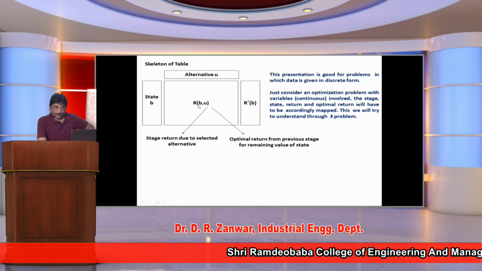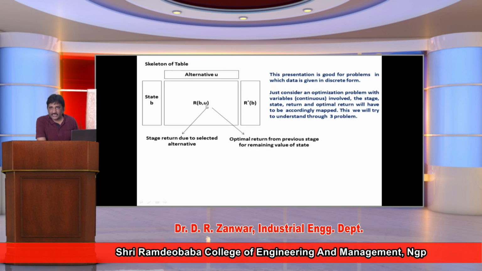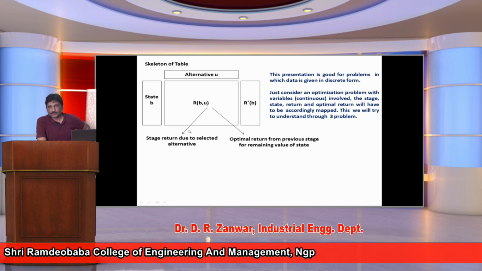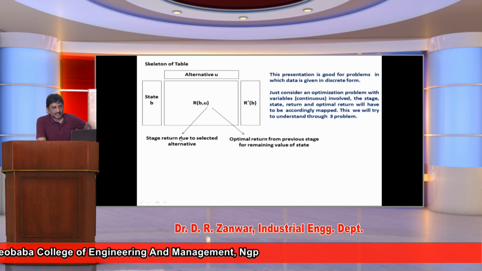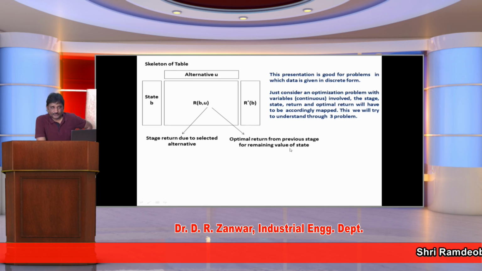In the first stage it was simply the stage return, but from the second stage onwards this return comprised two components: the stage return due to the selected alternative, and the optimal return from the previous stage for the remaining value of state. You once again look at those problems with this in your mind, and you will understand this better.